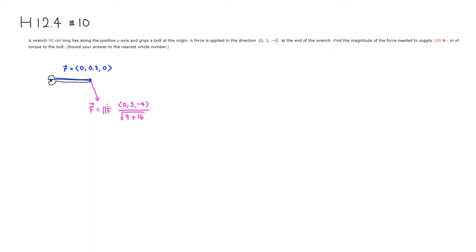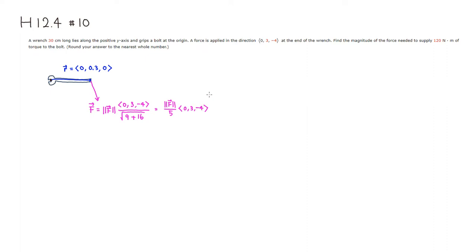So I'm going to put the magnitude of the force F. The square root of 25 is 5, so it's going to be magnitude of F divided by 5, then we have 0, 3, -4.